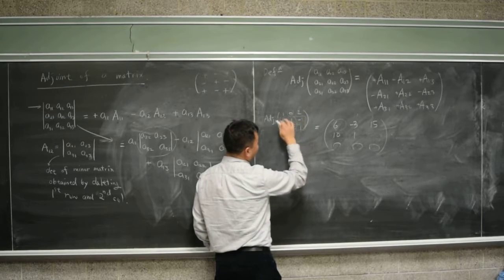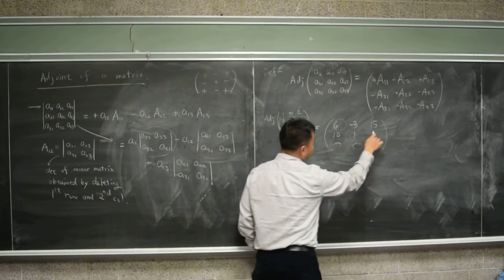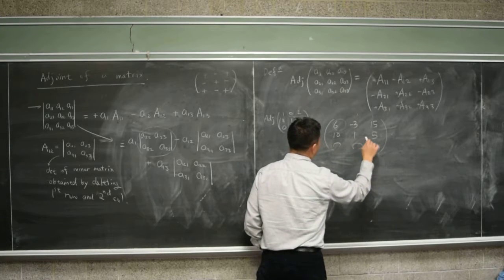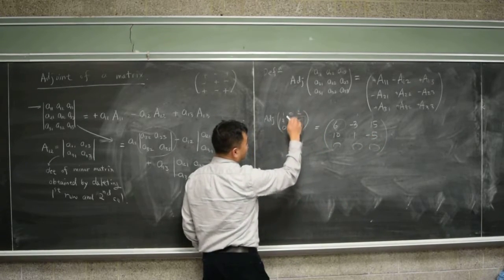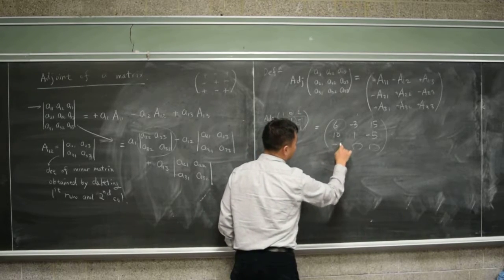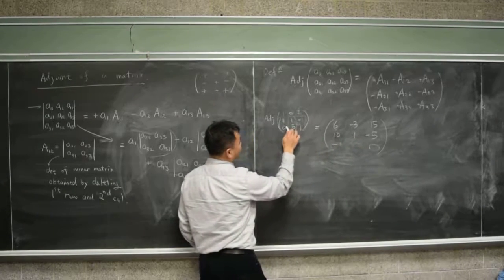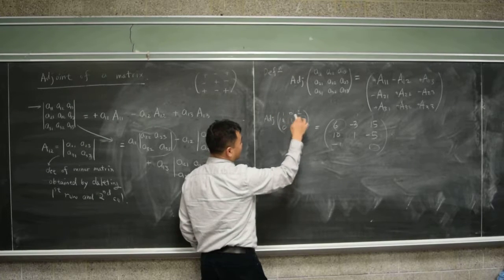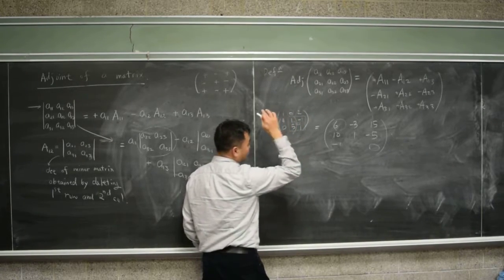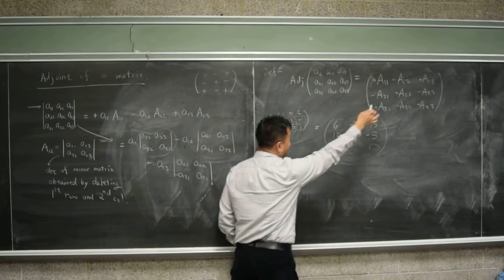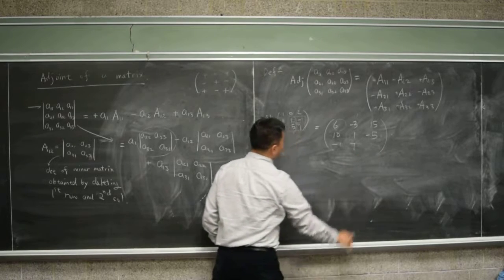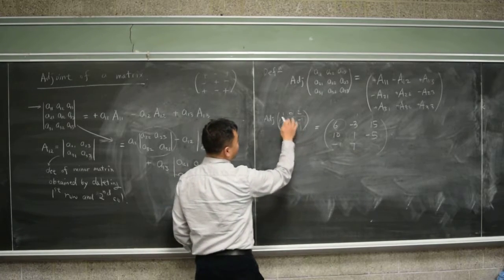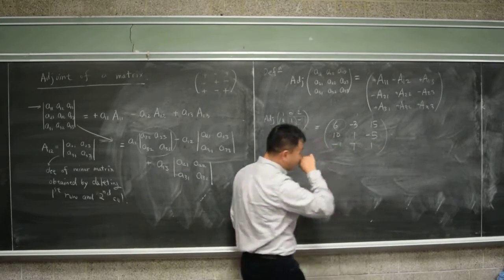Taking this away gives you 5, but with the minus because of the checkerboard of signs, it's -1. Picking this, I get 1, 2, 3, -1. 1 times -1 is -1 minus 6, -7. But the checkerboard of signs says I need to negate it, so it's positive 7. And picking this, I get 1. Okay, so that's what this is.